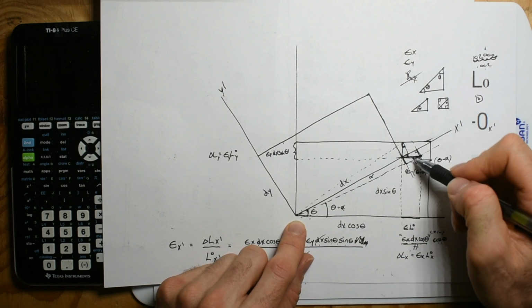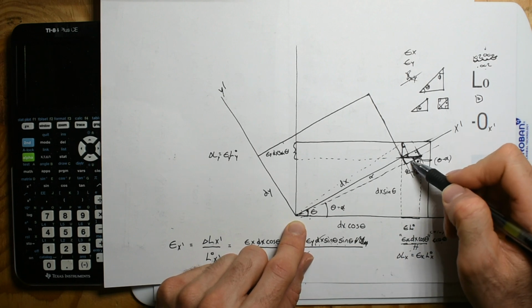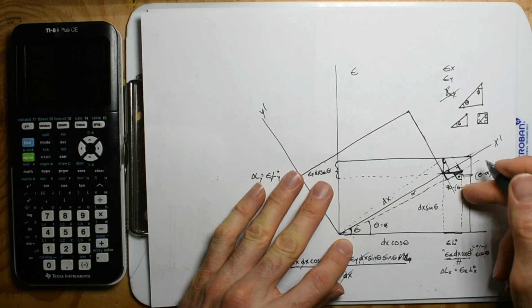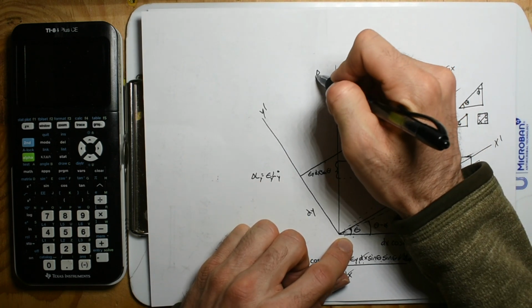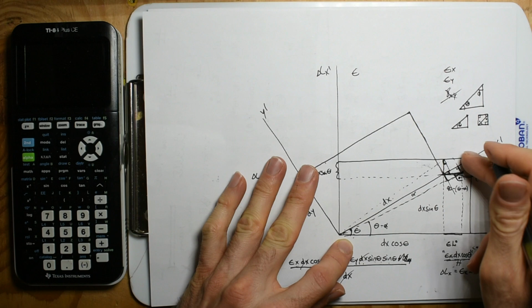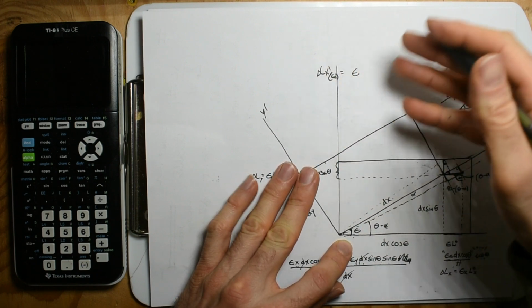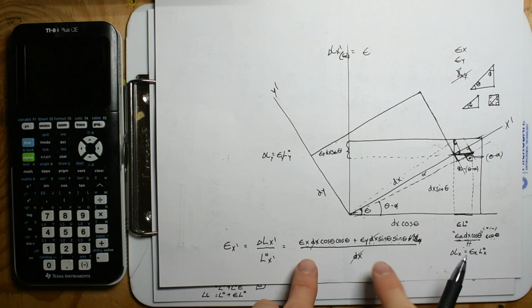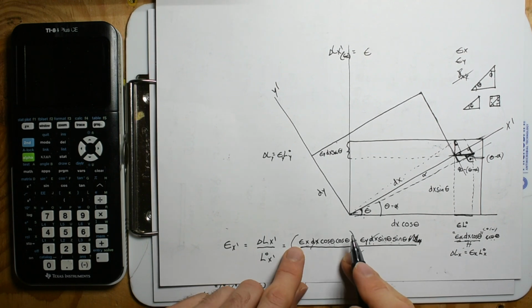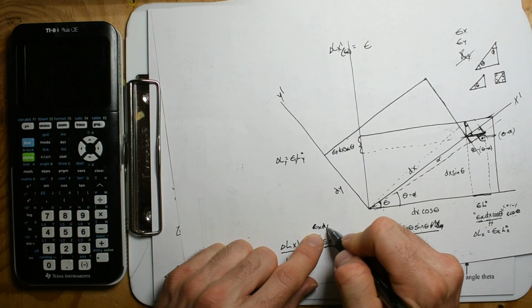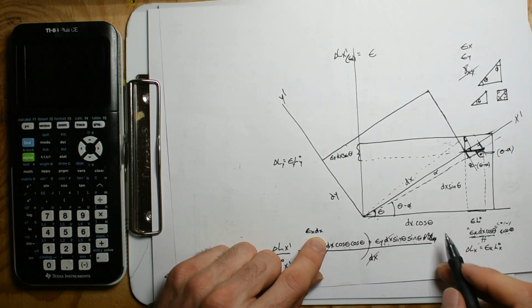But I just want this cosine component. So the change in length in the X prime direction due to the strain in the X. Because it's kind of like, and then you're going to add them. What we're just trying to solve for is this one just more accurately. That's going to be EX dx cosine theta.